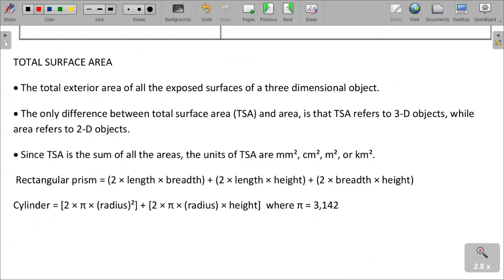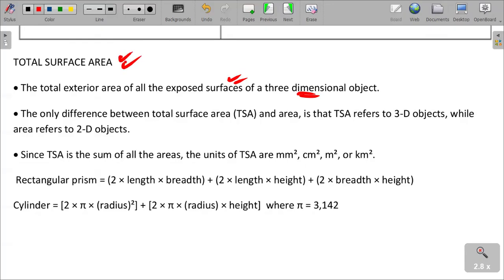I want us to continue and look into the total exterior area of all exposed surfaces of three-dimensional objects. That is what we call the total surface area.